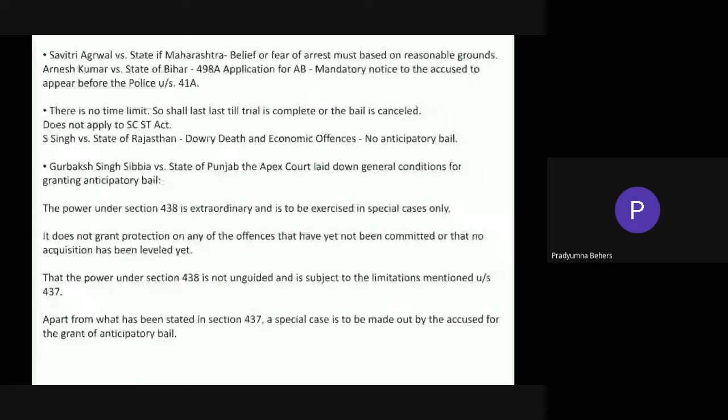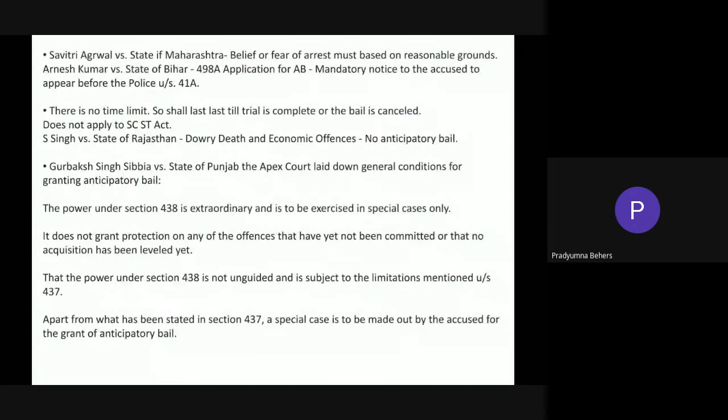Another important case which you all must go through is Gurbaksh Singh Sibbia versus State of Punjab. The Apex Court has laid down general conditions for granting an anticipatory bail. That is, the power under Section 438 is extraordinary, and it is to be exercised in special cases only.